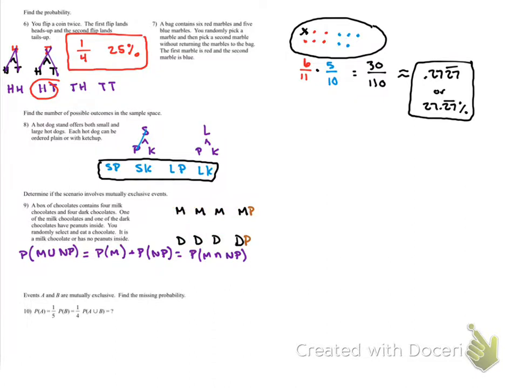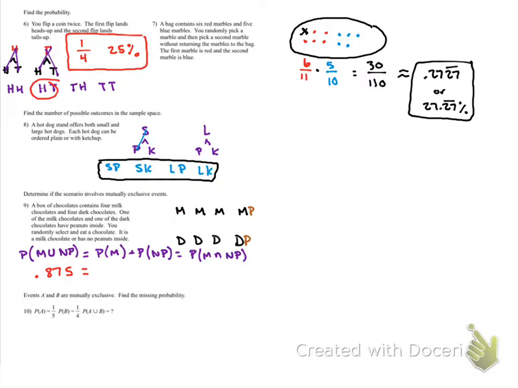So 7 out of 8, we put that in our calculator and get the decimal: 0.875 is equal to. Now, what's the probability that we have milk chocolate? Here's a milk chocolate, here, here, here. That's 4 out of 8 total. These are all dark chocolate.